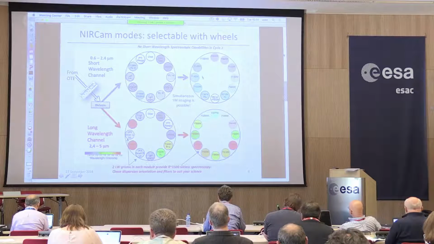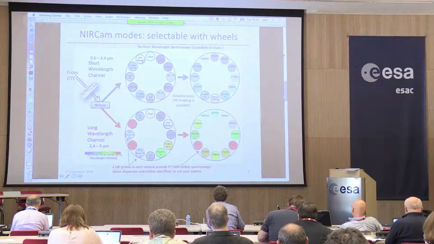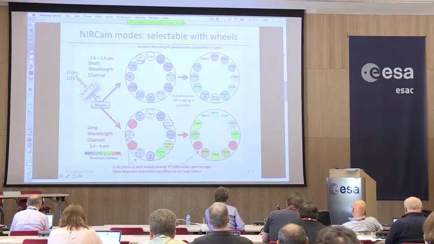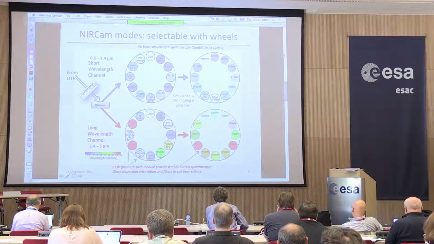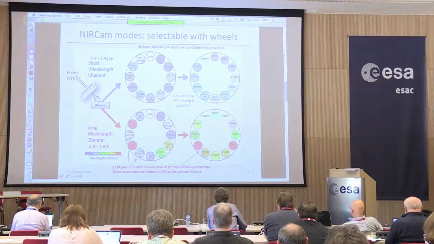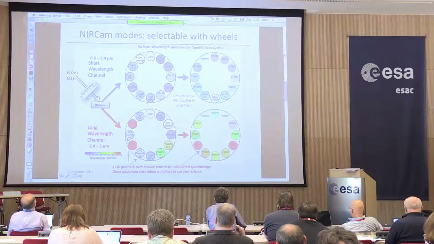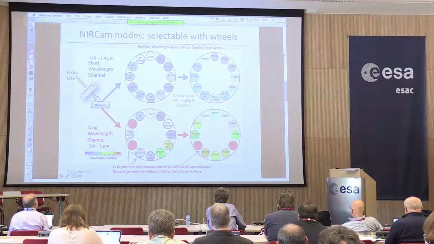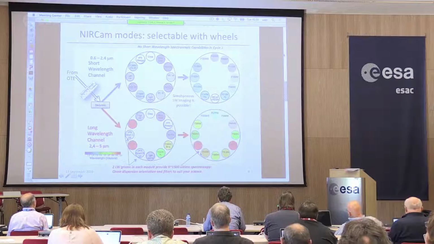They're right next to each other. So you can do imaging here in the short wavelengths while the long wavelength light comes through the dichroic, and you can do spectroscopy here. You can select these grisms. We have 2 different grisms with the same resolution but different dispersion directions. And the wavelength range is selected by which filter you want to match with the grism. I'll show you some examples of that.